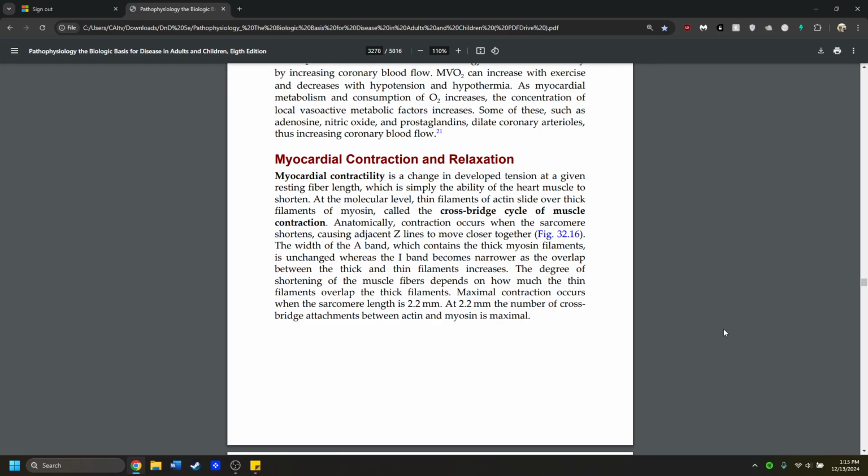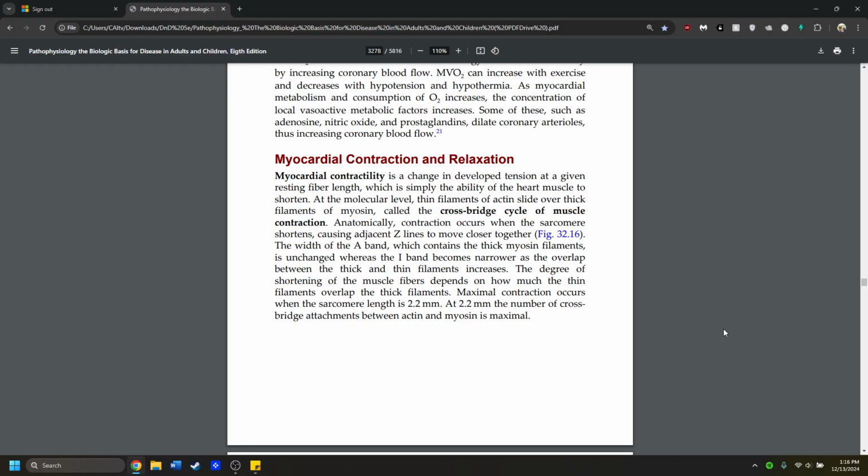Myocardial contraction and relaxation. Myocardial contractility is a change in developed tension at a given resting fiber length, which is simply the ability of the heart muscle to shorten. At the molecular level, thin filaments of actin slide over thick filaments of myosin, called the cross-bridge cycle of muscle contraction.